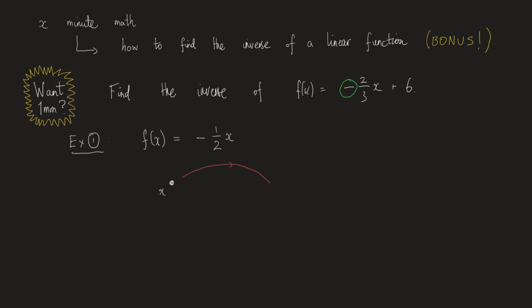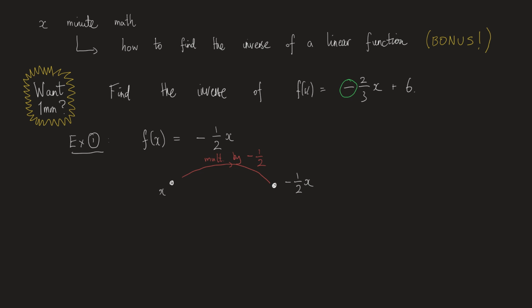So in this case, I'm multiplying by negative 1/2. And writing this a little bit differently, okay, the output of this function, according to the rule, is negative 1/2 x.